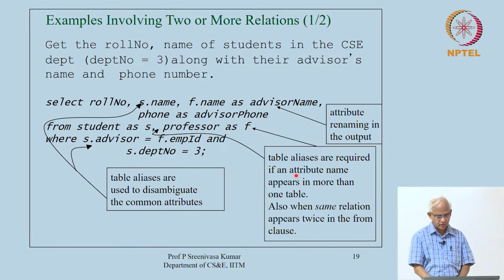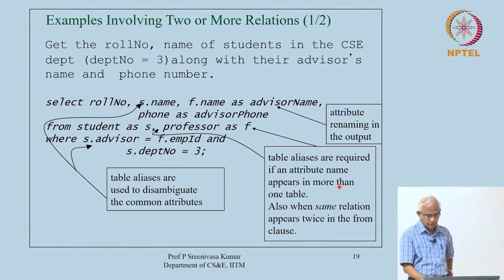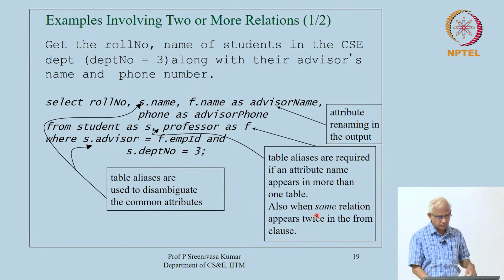Table aliases are required if the attribute name appears in more than one table. And also when the same relation appears twice in the from clause, for example, when you want to compare tuples of the same relation in two different roles.